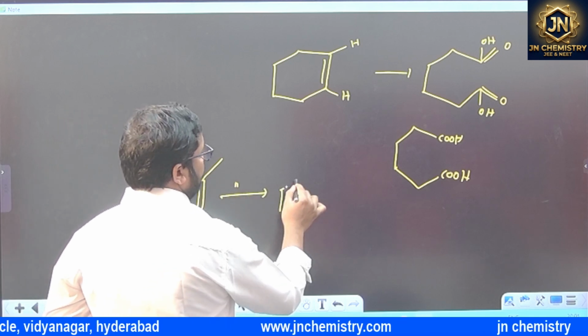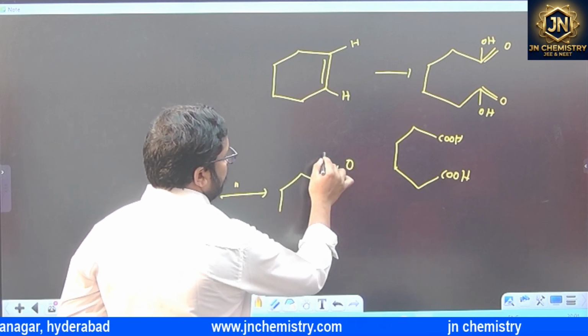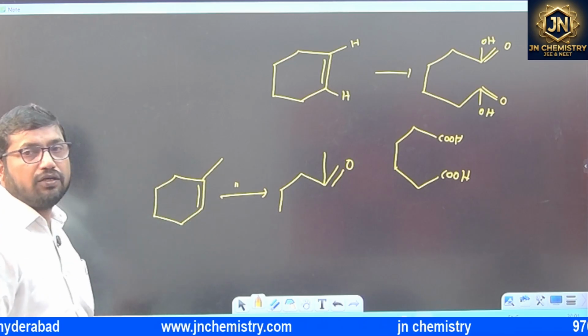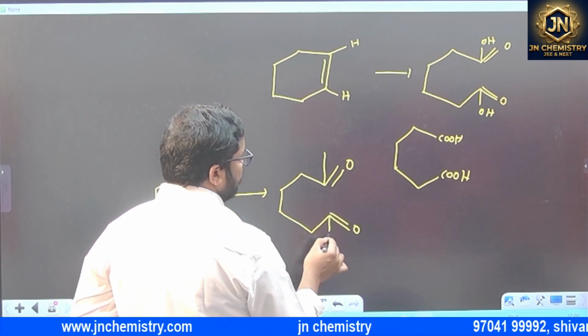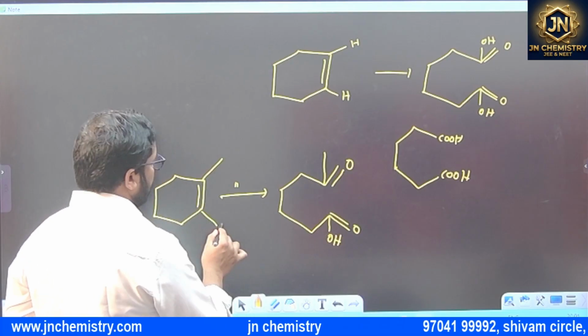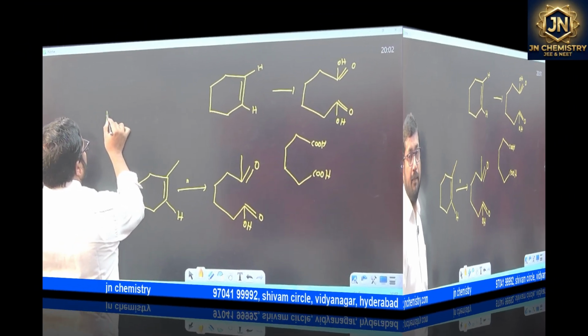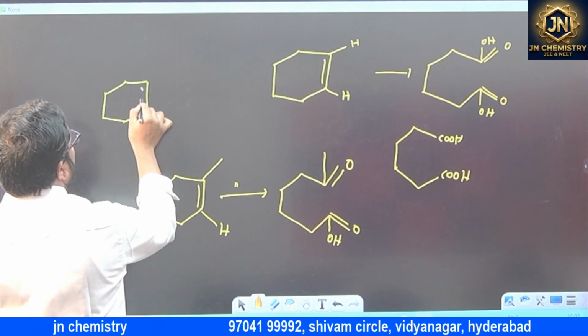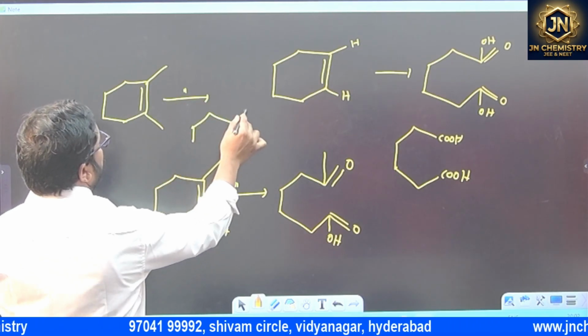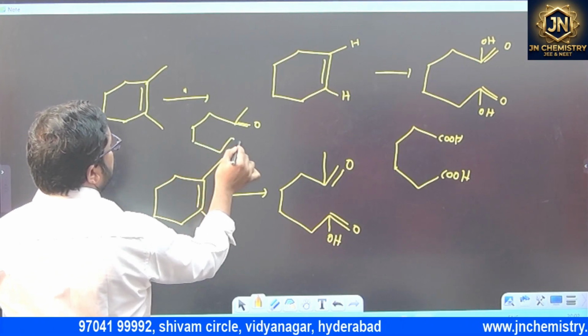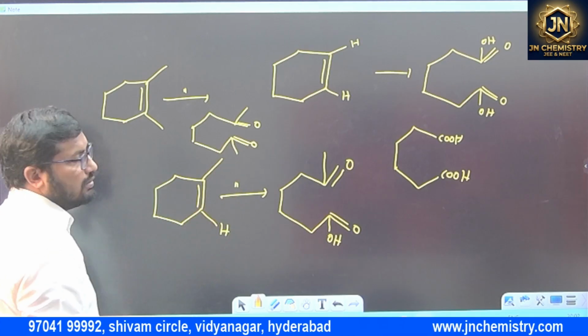KMnO4. Here, because methyl is already there, we can't do anything. So in this case, the bottom one is converting into carboxylic acid because the hydrogen is there, right? In this case, directly we can write like this. Easy.